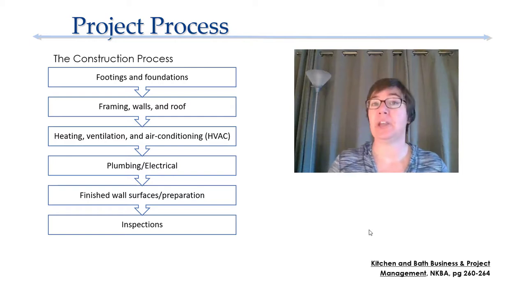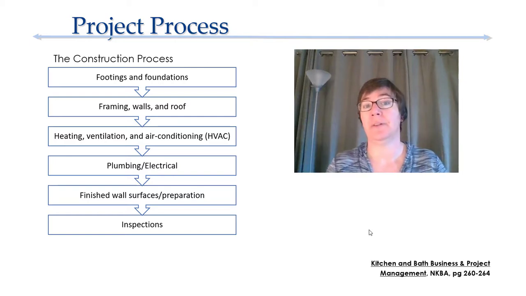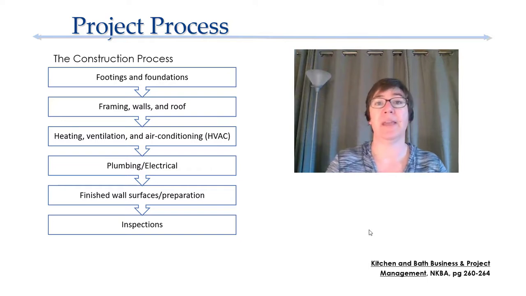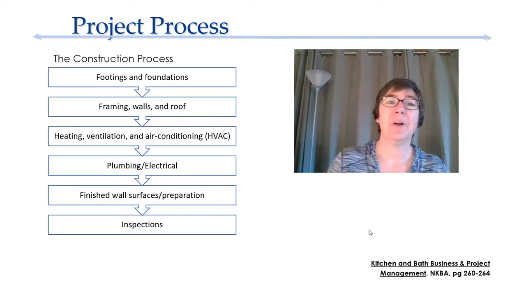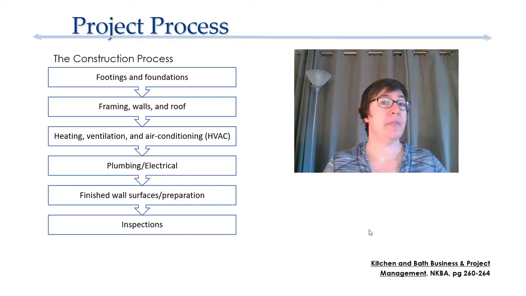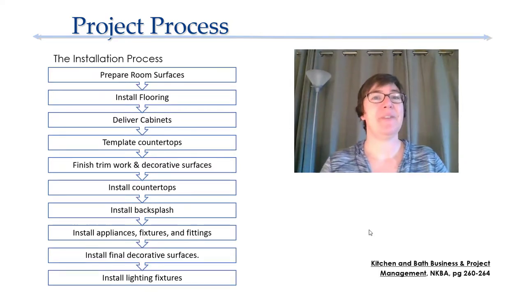And finally, the finishing, the finished wall surfaces in preparation. And ongoing through this process is a series of inspections for safety. These are all the processes that you learned about, or maybe you're about to, in the Kitchen and Bath Systems class.